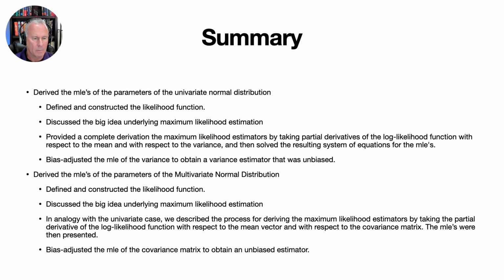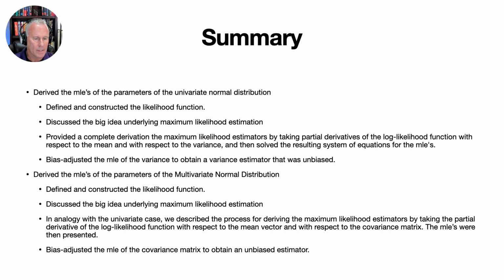We provided a complete derivation of the maximum likelihood estimators by taking partial derivatives of the log likelihood function with respect to the mean and also with respect to the variance, and then solved the resulting system of equations for the MLEs. We then bias adjusted the MLE of the variance to obtain a variance estimator that was unbiased.